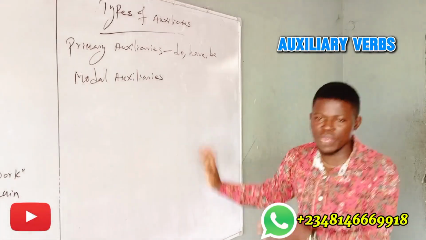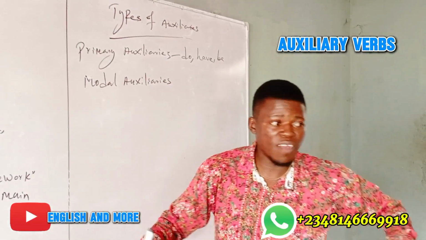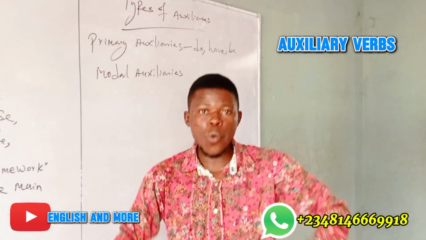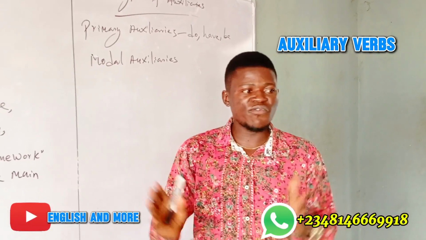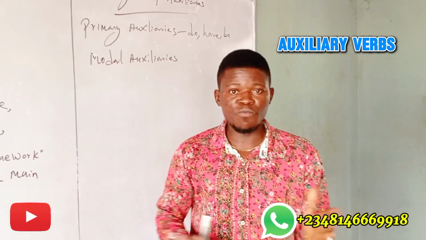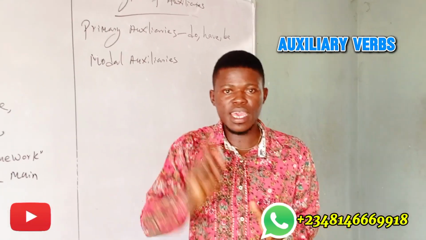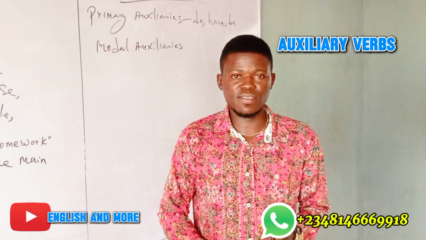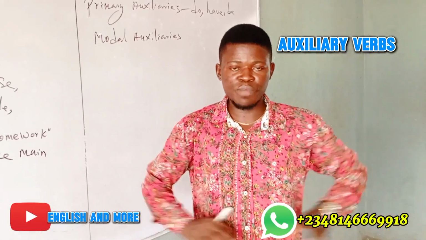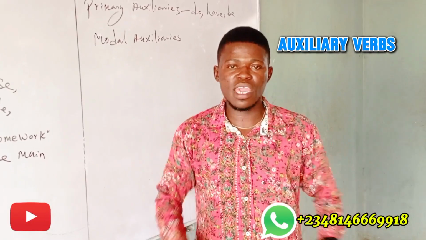Be. In the normal sense, we have the be verb. When we talk about be, we have different realizations of be. We have am, is. Be is a be verb. You can say, I am here.